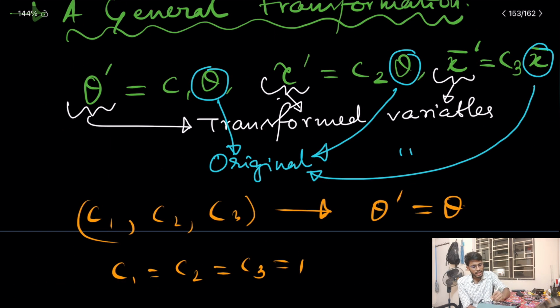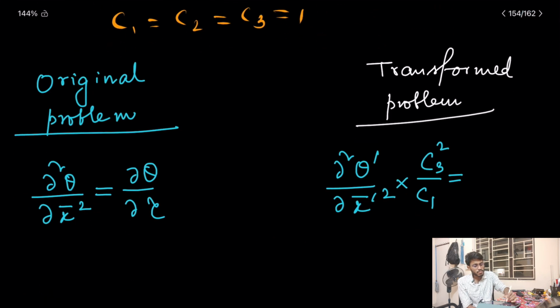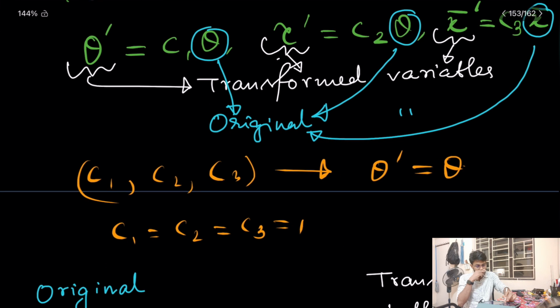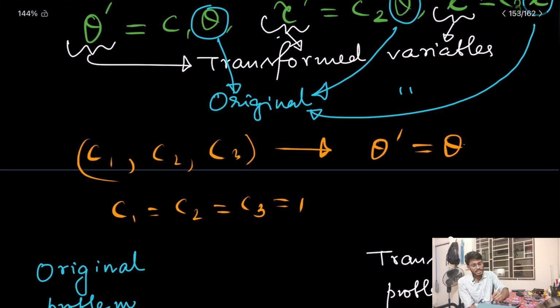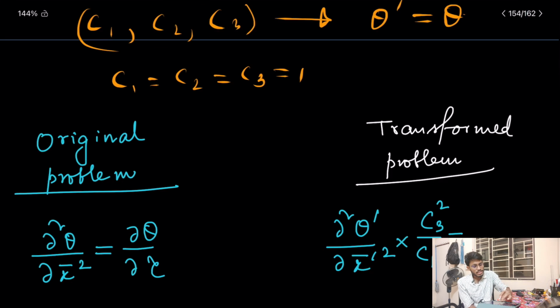Because here I am having theta dash equal to theta by 1 by C1. That is why whenever I write theta dash, I have to multiply 1 by C1, because theta is equal to theta dash by C1, so del theta is equal to del theta dash by C1.